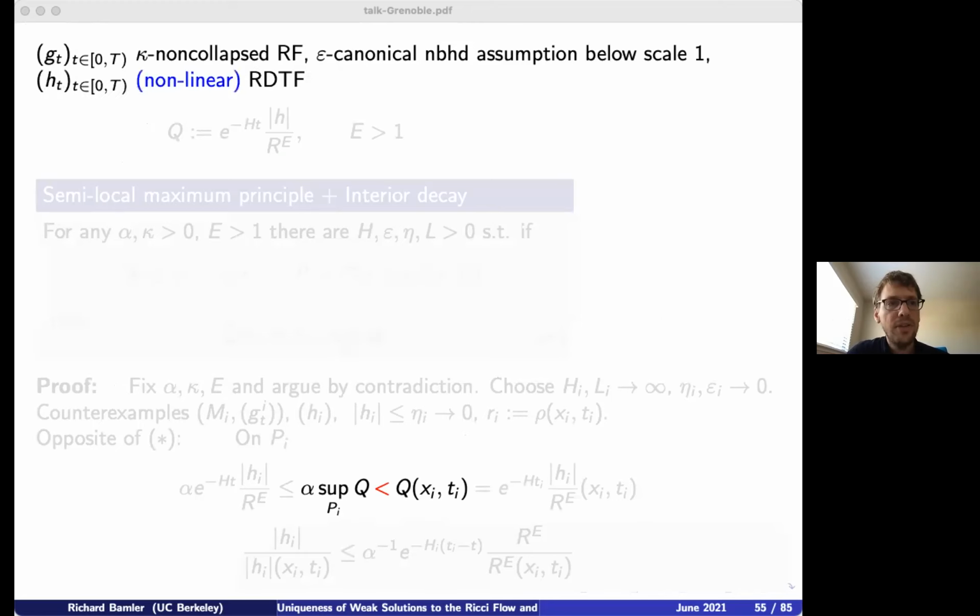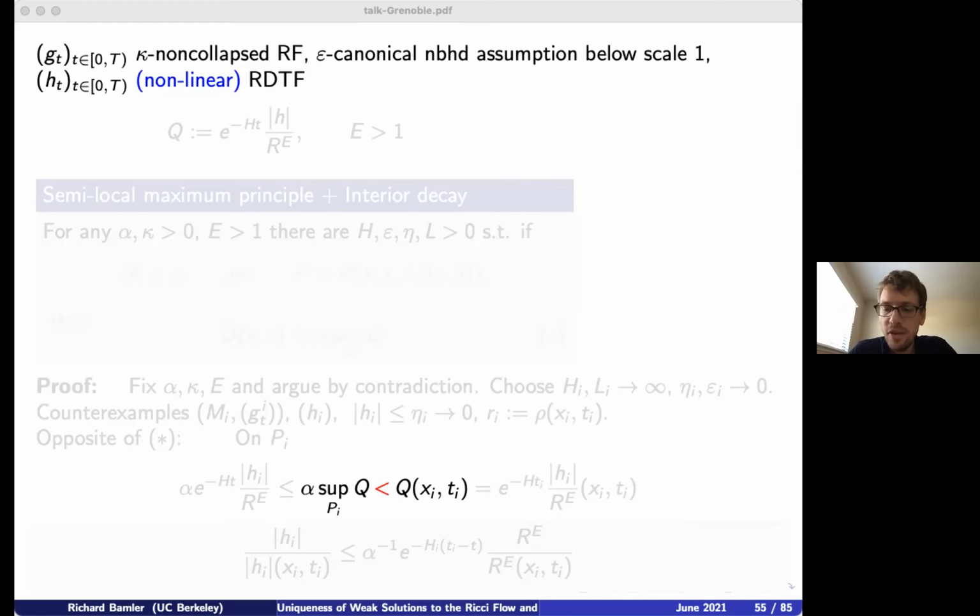And I'm going to consider a nonlinear solution to the Ricci-DeTurck flow, h. My goal will now be to control this solution h as I move forward in time in a certain way. I want to say that if h at earlier times is small, then later it has to be small, or it has to decay, or things like that.